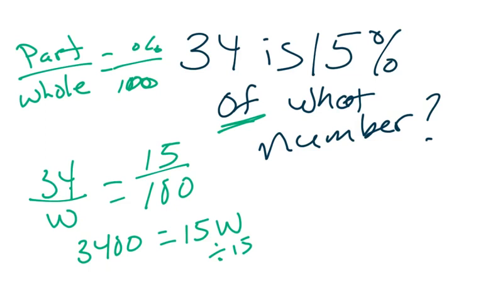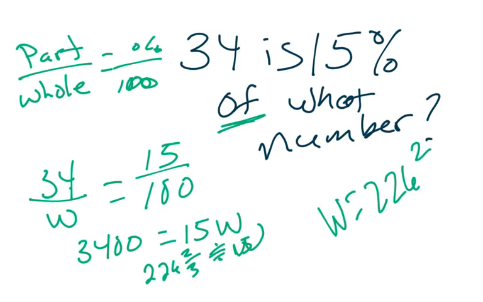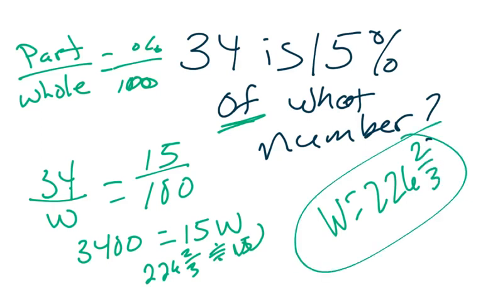And if I take 3,400 and divide that by 15, and by all means, please use your calculator for problems like this, you're going to end up with 226 and 2/3 is equal to W. So W is equal to 226 and 2/3 for your answer.